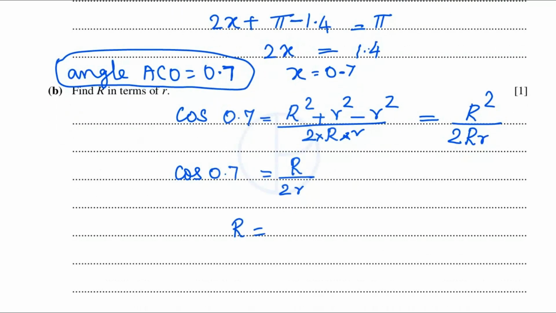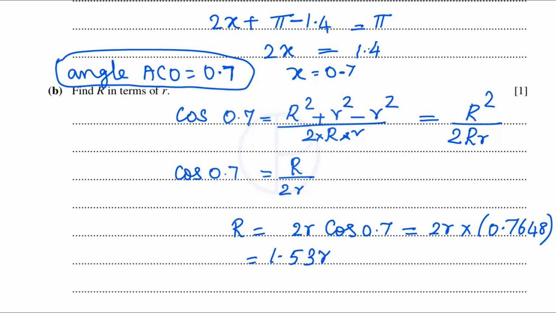So R is equal to 2r multiplied by cos 0.7, which is equal to 2r multiplied by 0.7648, which is equal to 1.53r to 3 significant figures.